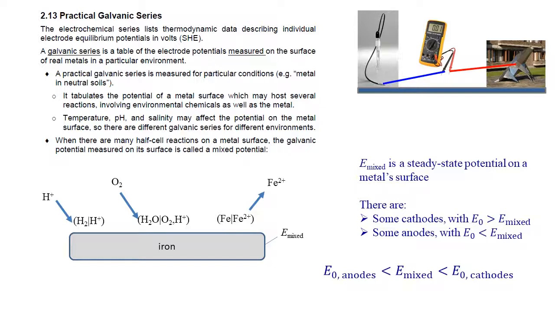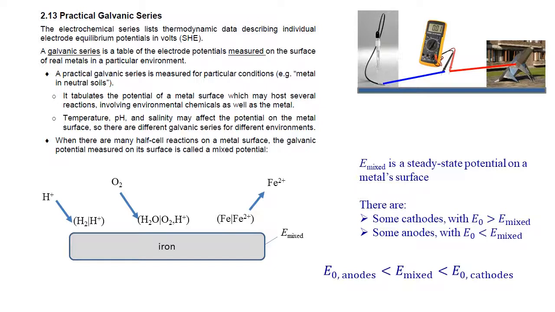The mixed potential is some sort of average. It's the potential of electrons on the metal surface, and it sits somewhere in a pseudo-steady state in between the equilibrium potentials for the cathode reactions, which are higher, and the equilibrium potential for the anode reactions, which are lower.